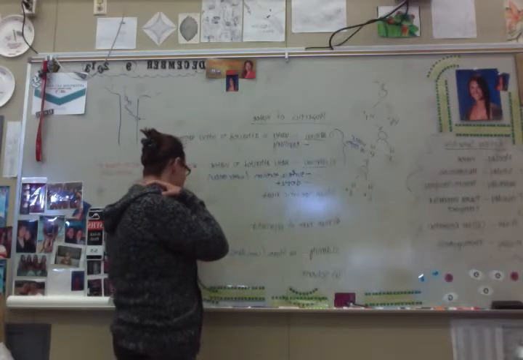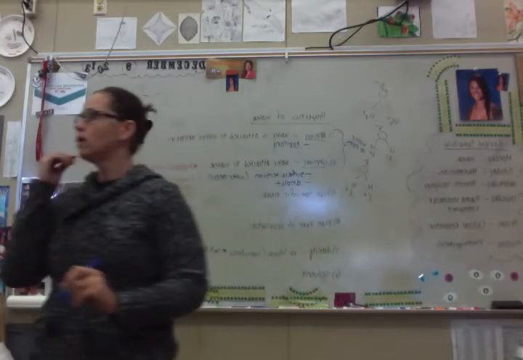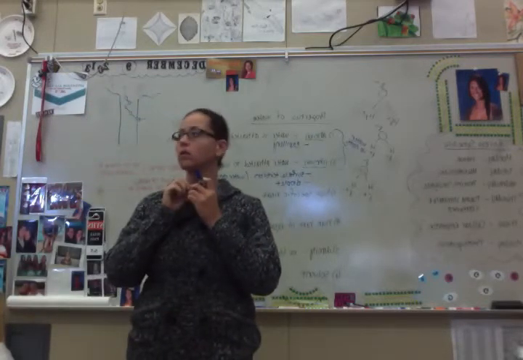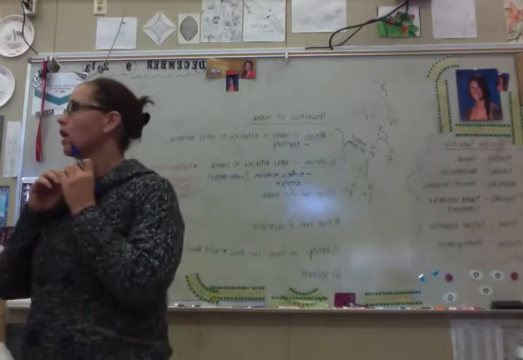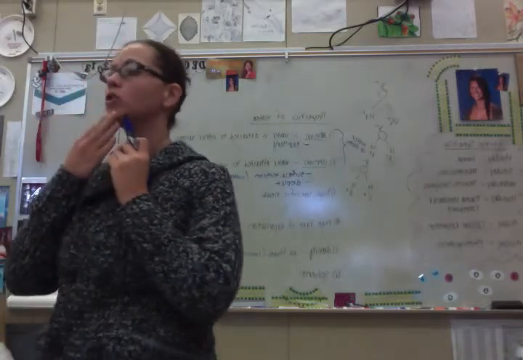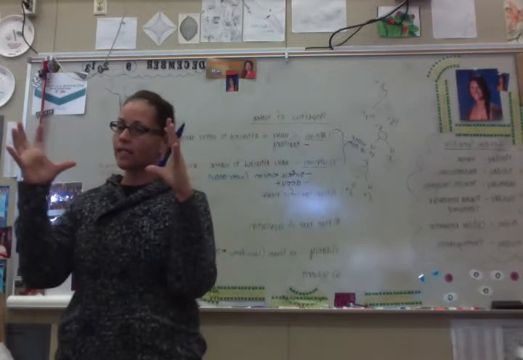Why? The structure changes. What changes about the structure? There's more space in between. Okay, as it becomes solid, there's more space between the molecules, and so that makes it expand in size. And when it expands in size, that allows it to float.